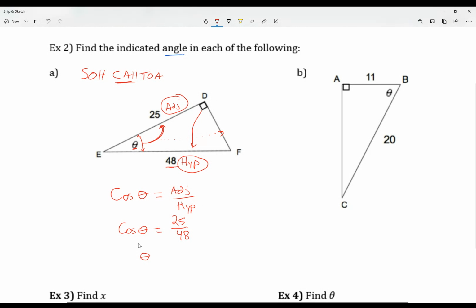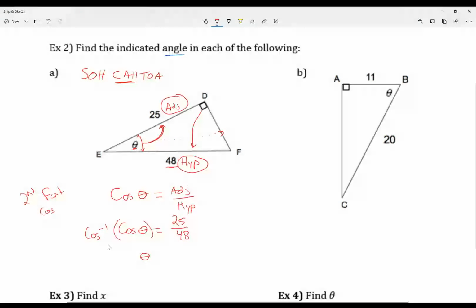And in order to do that, this is a little bit of algebra. I have to take the second function cos, which looks really weird. So it's like the cos to the power of -1. It's called the second function cos of this side.